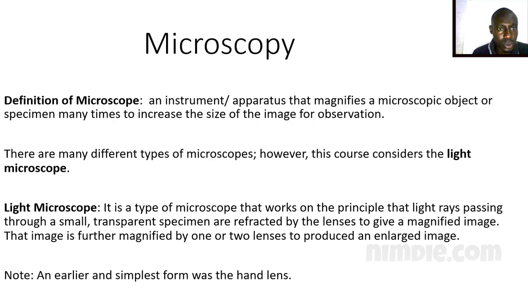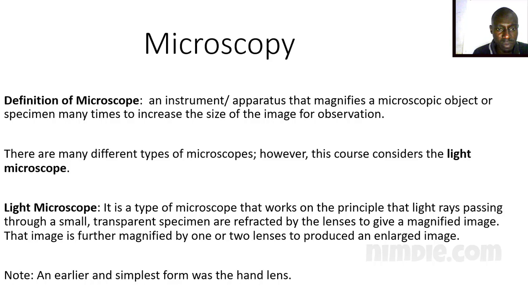Now, a microscope is an instrument or apparatus that magnifies a microscopic object or specimen many times to increase the size of the image for observation. So, a microscopic object which is too small to be seen is enlarged.